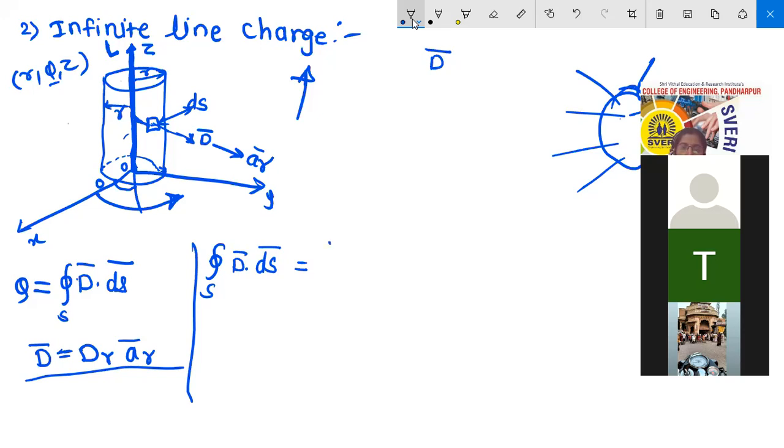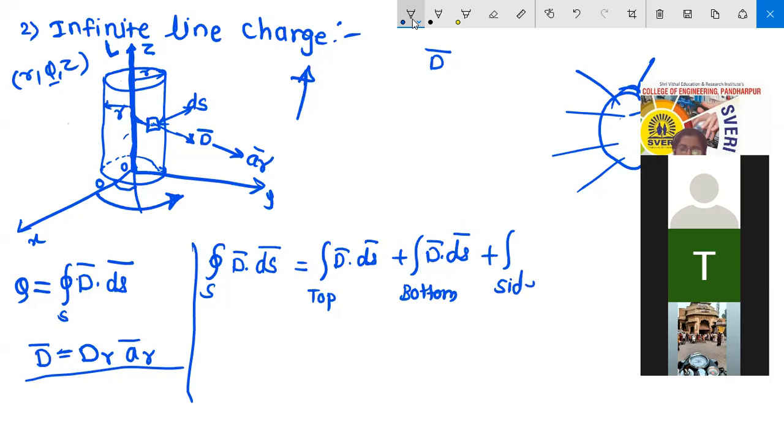This closed surface integral is nothing but the integral over the top surface of D bar dot dS bar, plus the integration over the bottom surface of D bar dot dS bar, plus the integration over the side surface of D bar dot dS bar. It is the addition of the top, bottom, and side surfaces.